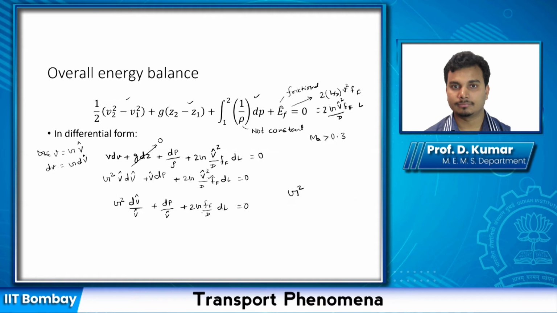This integration will be just L. We have considered FF to be independent of velocity, so that way this is constant. So if we can find a relation between P as function of V, or so to say, P as function of density, then we can integrate it easily.